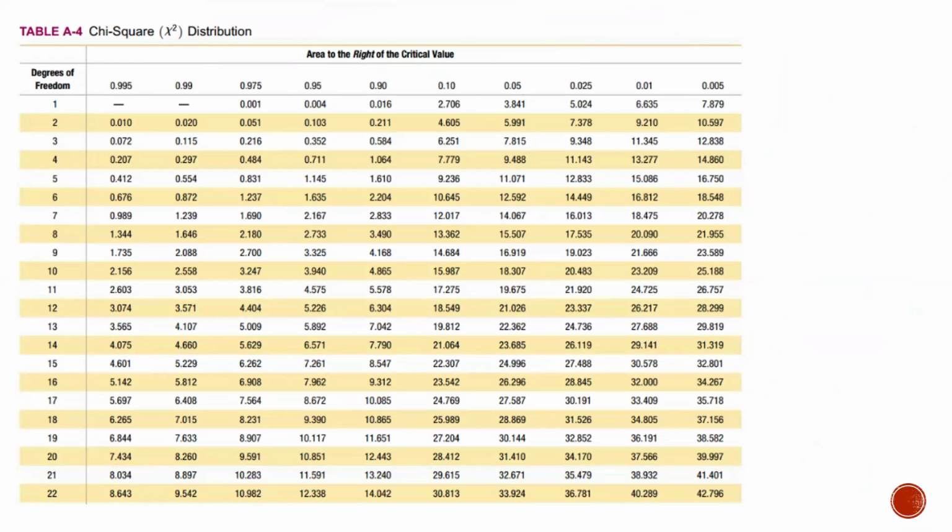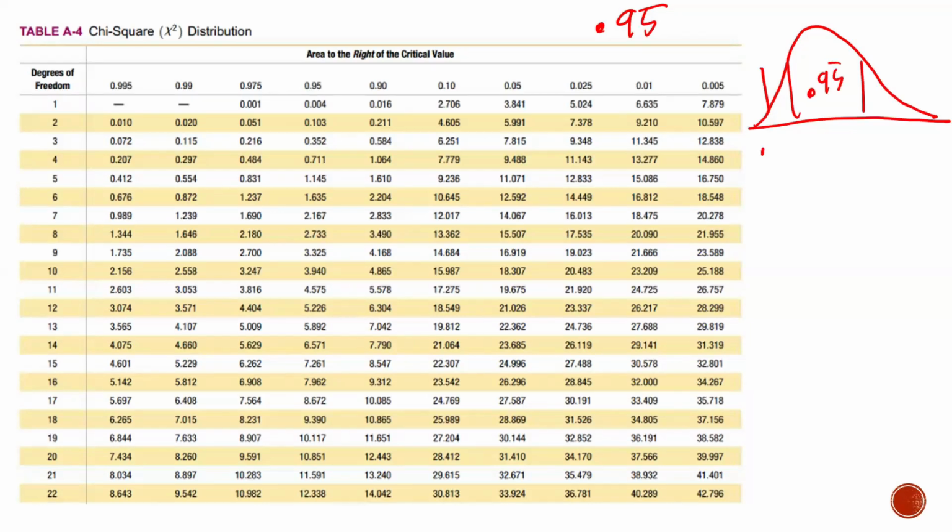Okay, Bob, you're going to help me with this because you struggled last time, so I think you get it now. I have a 95% confidence interval, and this is my picture. I have 95% as my center. What's in each wing then?